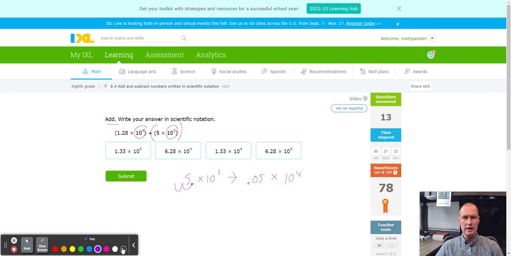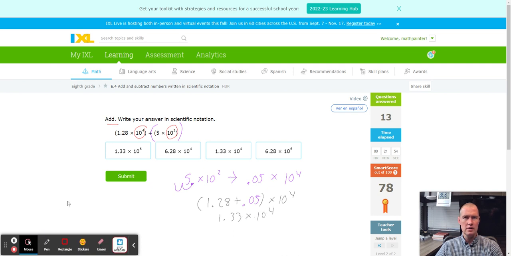All right, now we're going to add. So I got 1.28 plus 0.05 times 10 to the 4th power. So now I get 1.33 times 10 to the 4th power.